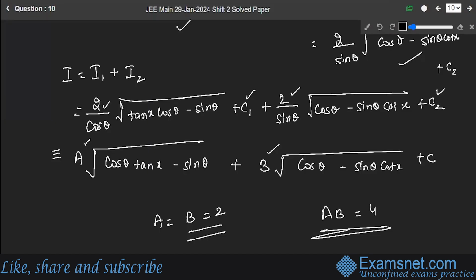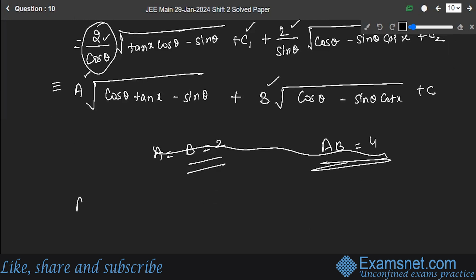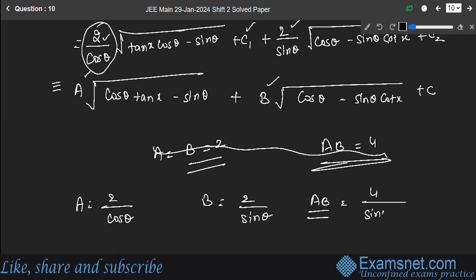No, sorry. A is equal to this whole thing. I just mistook it, I thought this is upon cos theta. So A is equal to 2 upon cos theta and B is equal to 2 upon sine theta. You have to find A into B, which is equal to 4 upon sine theta cos theta.